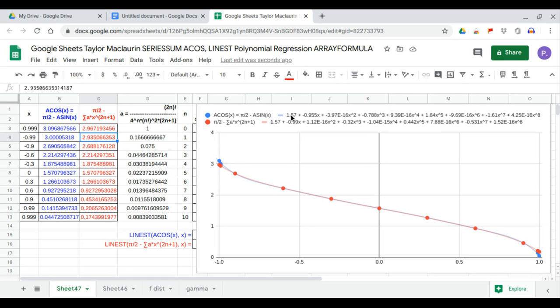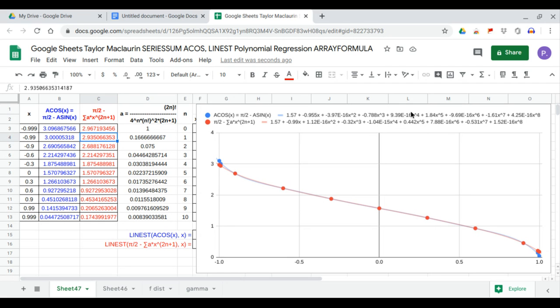The B0, 1.57 match. B1 also, well, close match. As the degrees go higher, there's already an error. We'll calculate these values of B0, B1, B2, B3, B4, B5, up to B8 using LINEST.